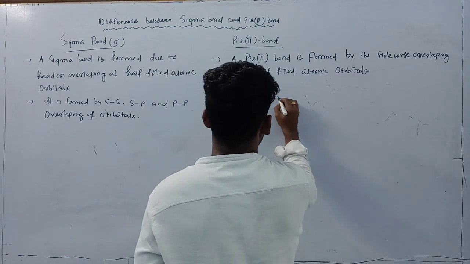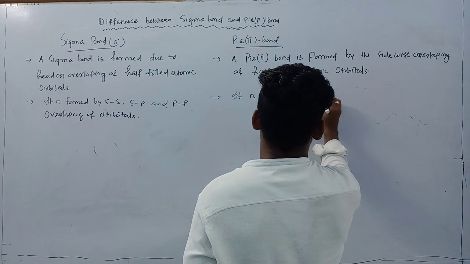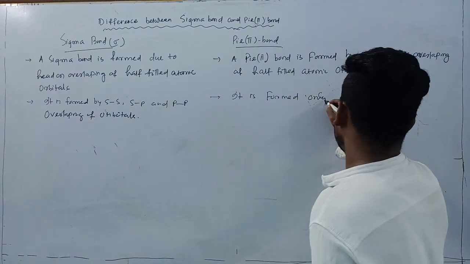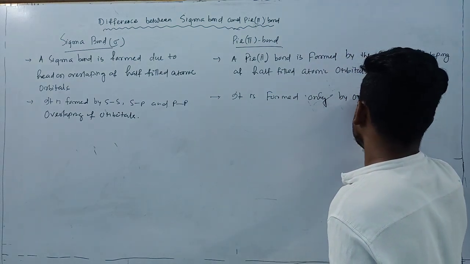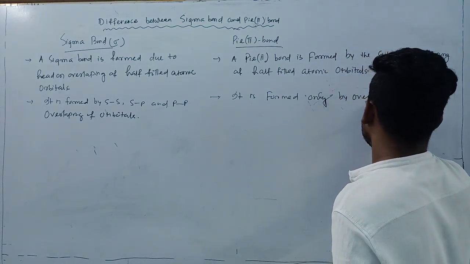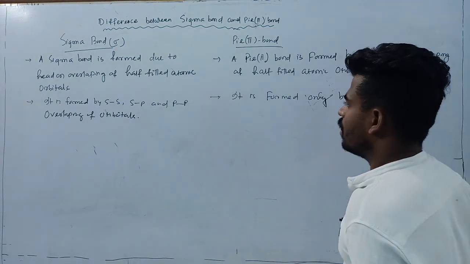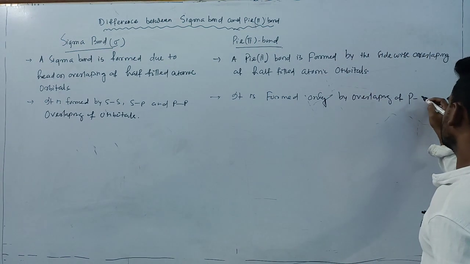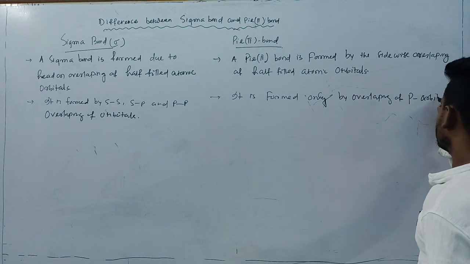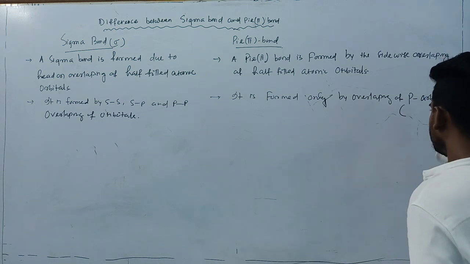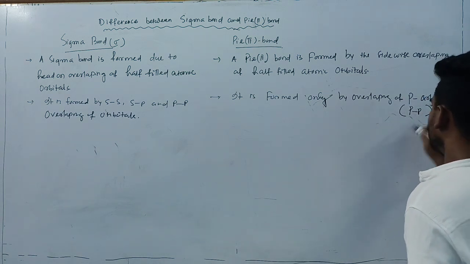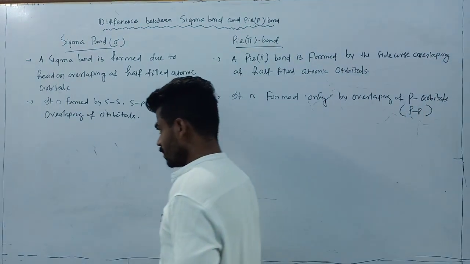So a pi bond is formed only by overlapping of p orbitals, or you can say pp sidewise overlapping. Is that clear?